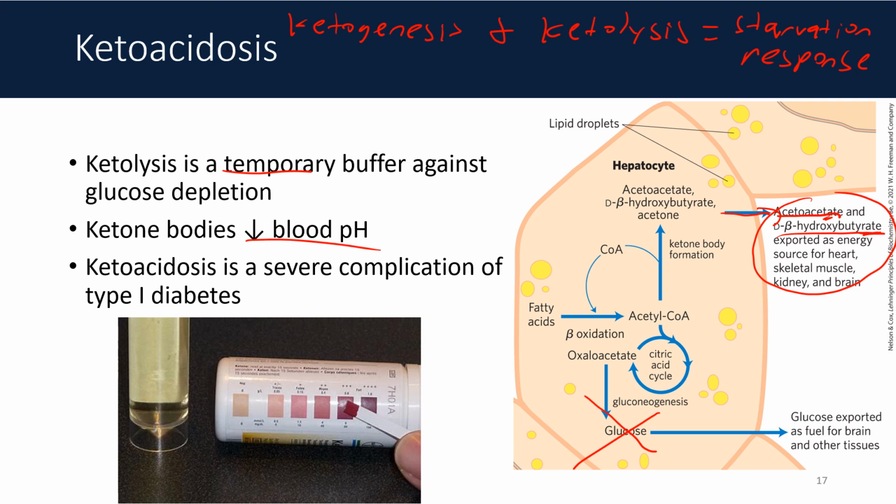If this goes on long enough, it can result in a condition known as ketoacidosis, and this can be a life-threatening condition. It's a particular problem for type 1 diabetics who must often monitor their urine with test strips, like shown over here, that can detect these ketone bodies accumulating in the urine and let the patient know that it's time to maybe adjust their insulin schedule.